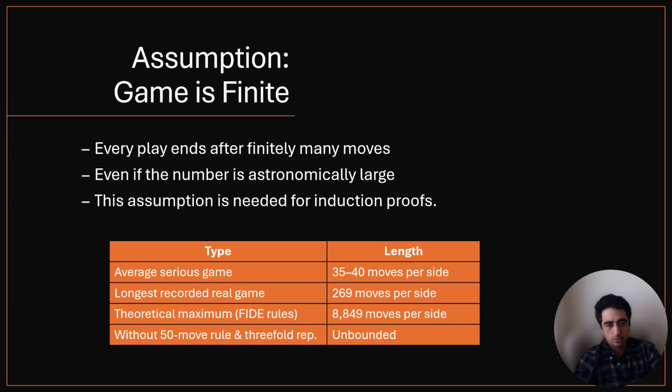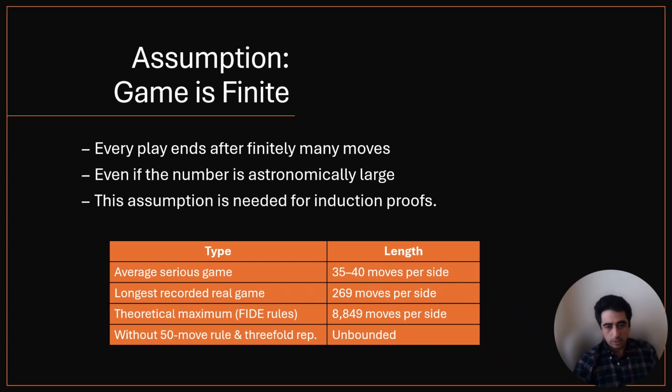One property that we want to focus on for the game of chess is that the game is finite. What does it mean? That means every play ends after finitely many moves. There's no infinite game. You play starting from the initial position, and then after a number of moves, the game ends either in a draw or a win by one of the players.